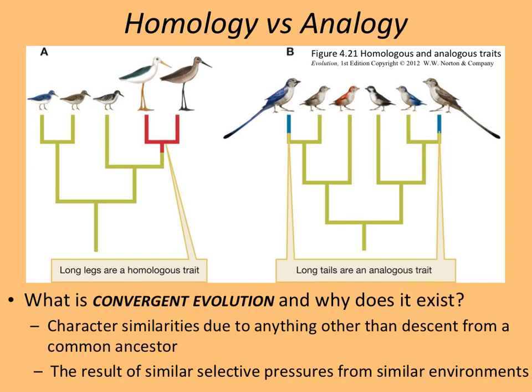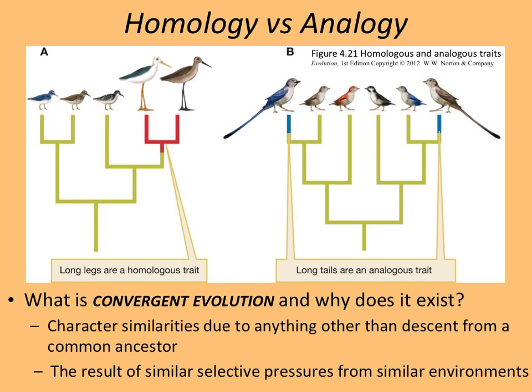So that's not descent from a common ancestor. It's actually evolution by natural selection. So, think about flying. Insects fly. Birds fly. Bats fly. Pterosaurs used to fly. They're extinct now. Insects have actually lost flight in a number of lineages.